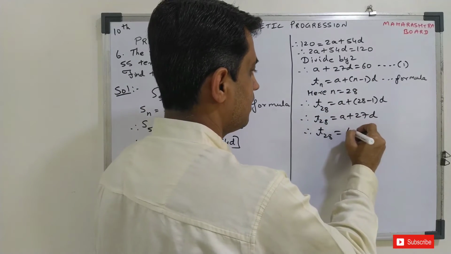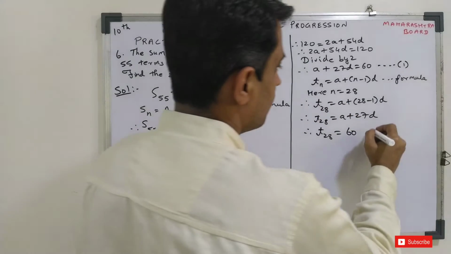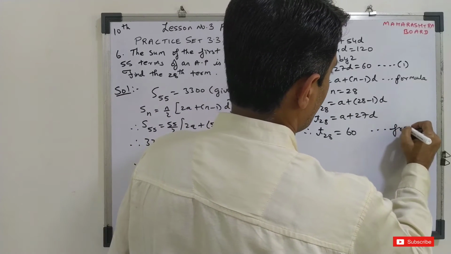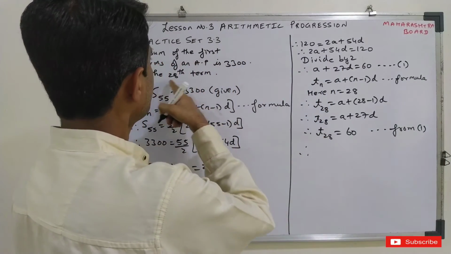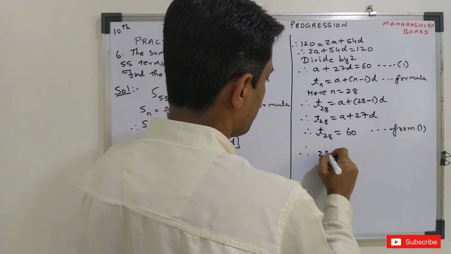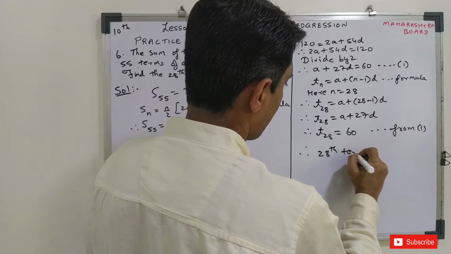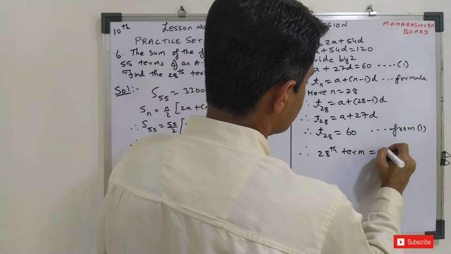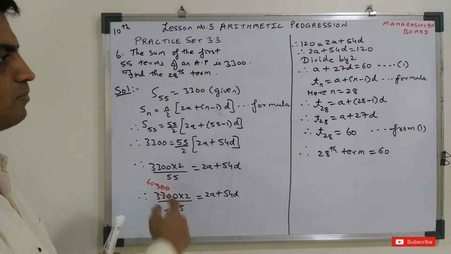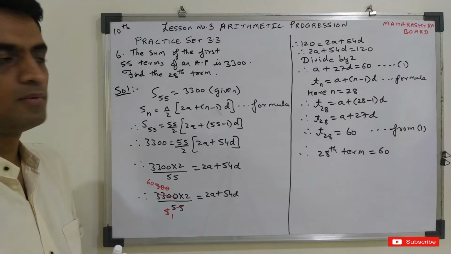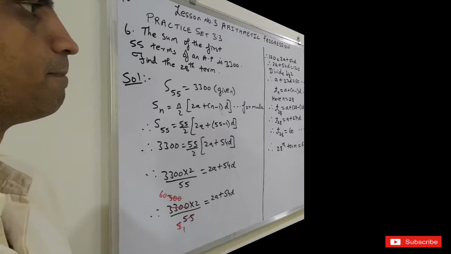So we write here 60, from equation 1. So therefore the 28th term is equal to 60. See how we have solved. From what they had given us, we got the 28th term. This way you have to solve this sum.